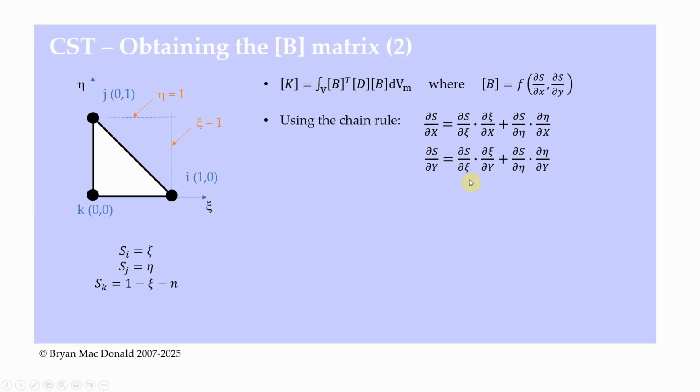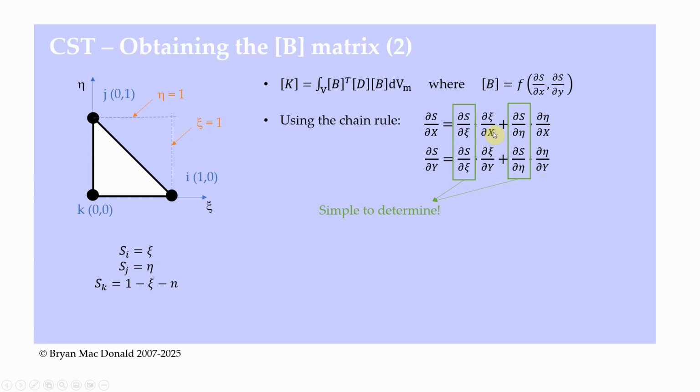Now, if we take a look at these differentials, dS/d-eta and dS/d-neta are really easy to determine. I mean, dS/d-eta is 1, dS/d-neta is 1, and so on. So we can differentiate these really easily with respect to eta and neta. D-eta/dx and d-neta/dx, though, those are difficult to determine.